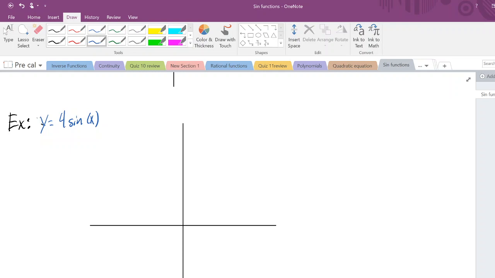There's going to be an amplitude change. If I look at this, I know that my amplitude, my A, is equal to 4. So that means it's going to go up 4 instead of 1 and down 4 instead of 1.